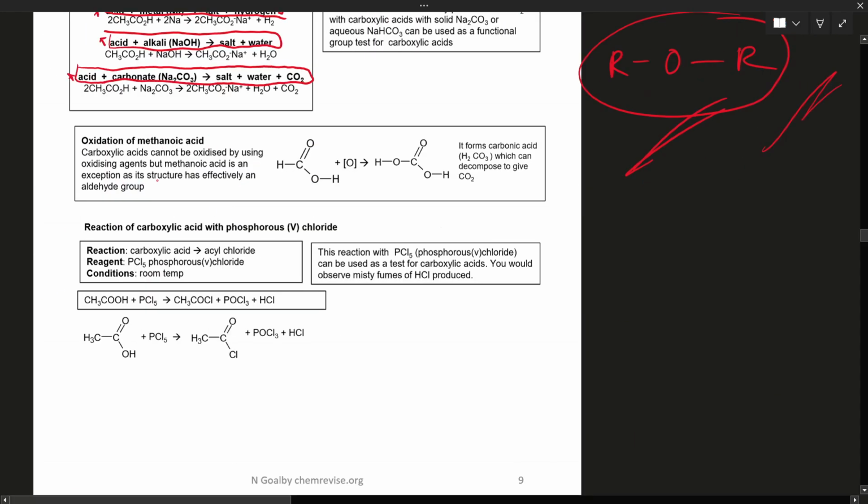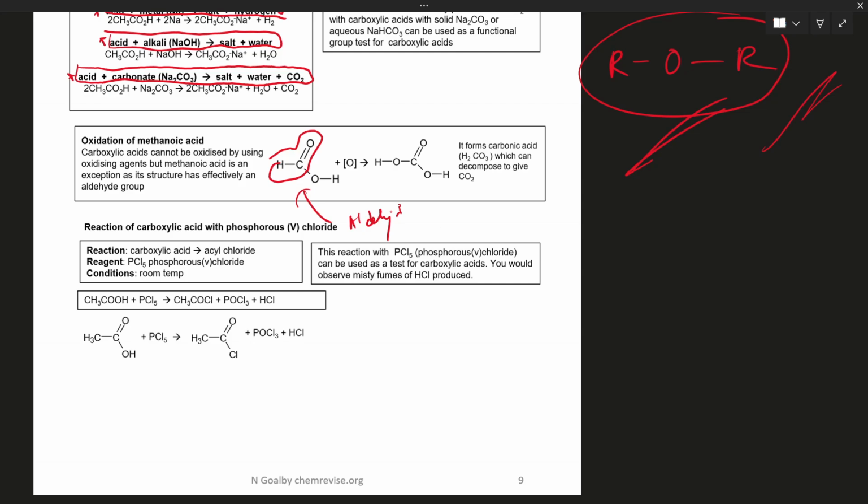Carboxylic acids cannot be oxidized, but this can be done as the structure has effectively an aldehyde group. You can clearly see that this part here is an example of an aldehyde group. And we saw a little while ago in the chart that aldehyde groups can be oxidized.